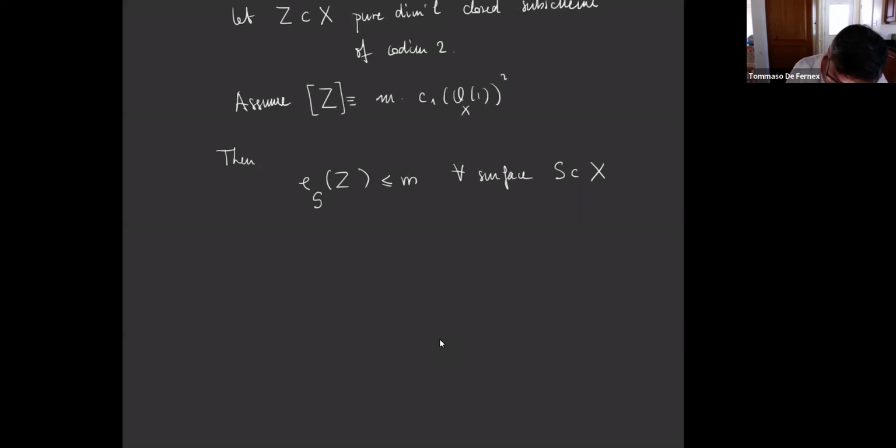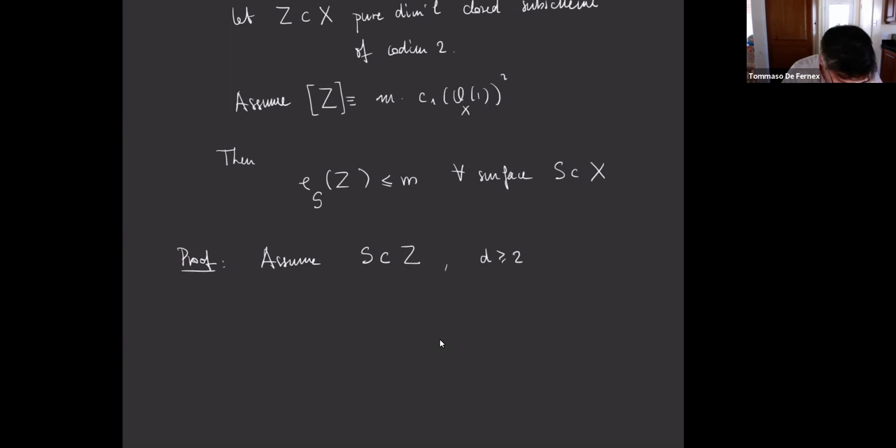Okay, so let's prove this. Again, let me assume that S is a surface in the support of Z, and that the degree is at least 2, otherwise it is trivial.